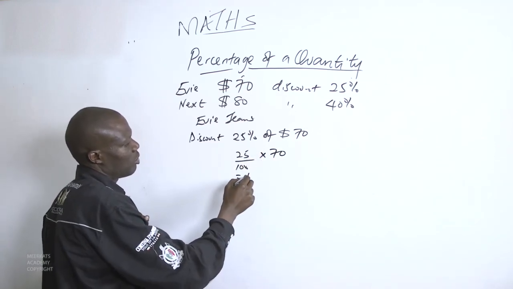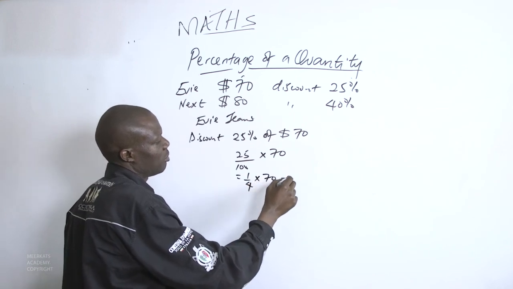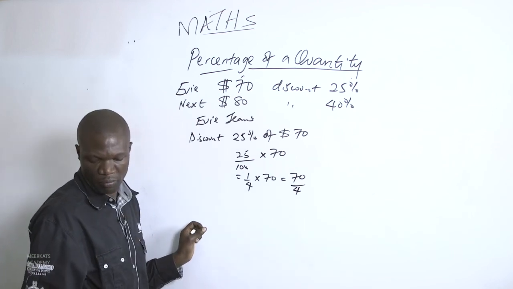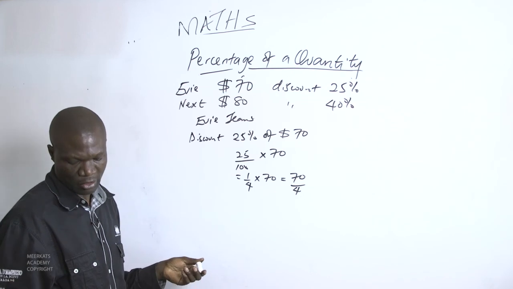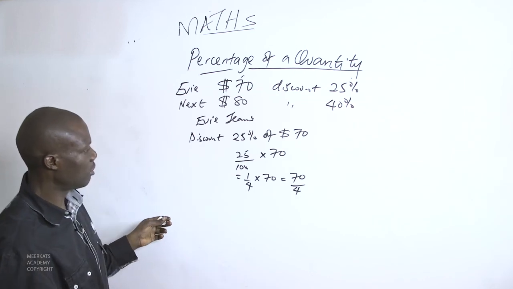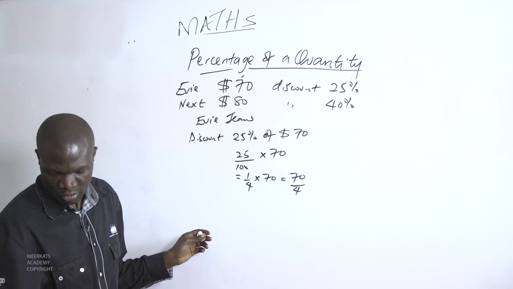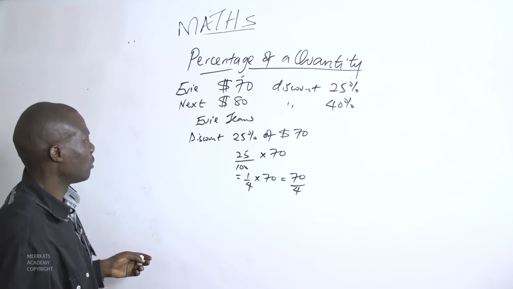This is the same as 1 over 4 multiplied by 70, which is simply 70 over 4, or 70 divided by 4.